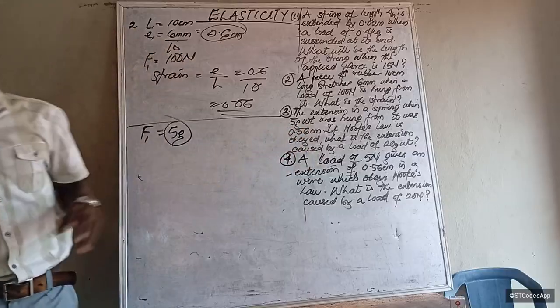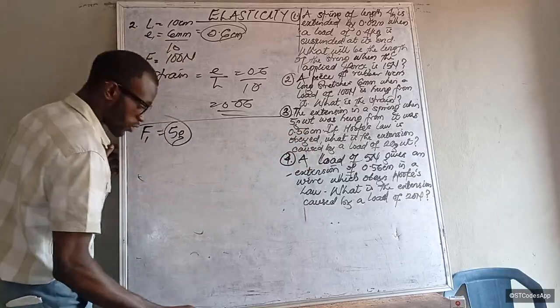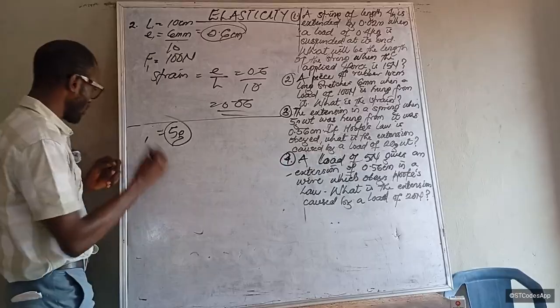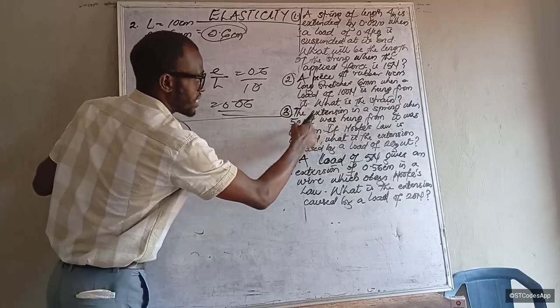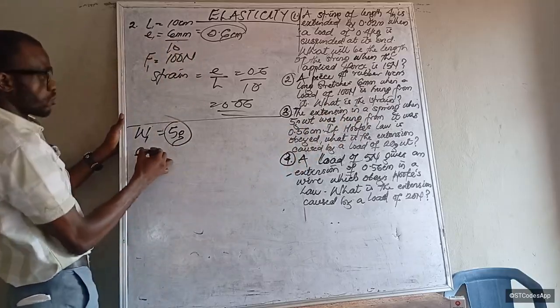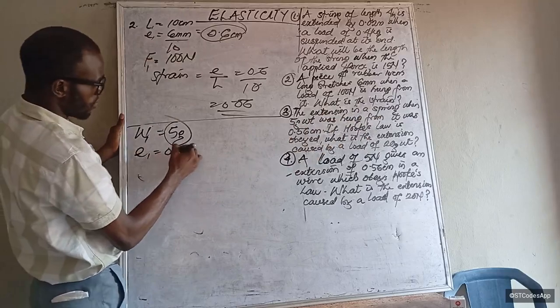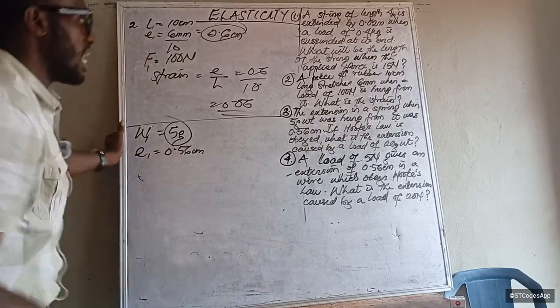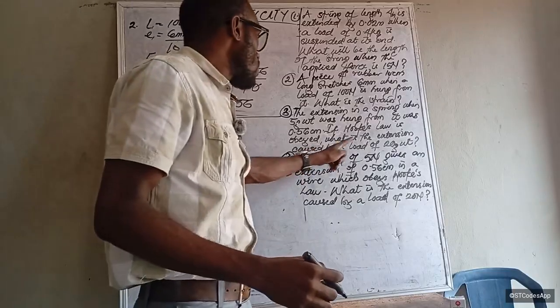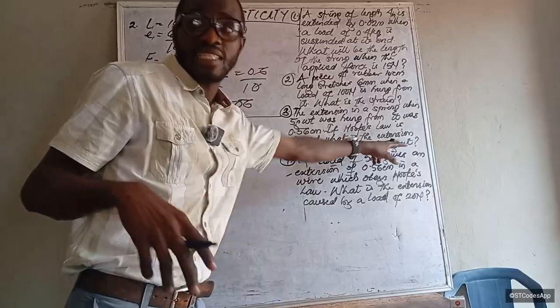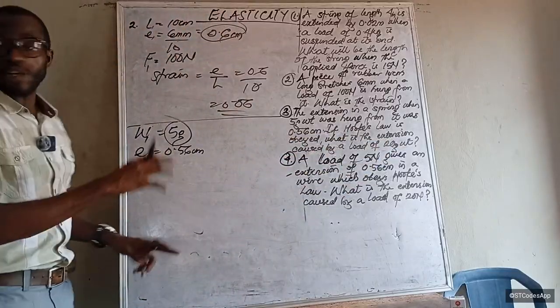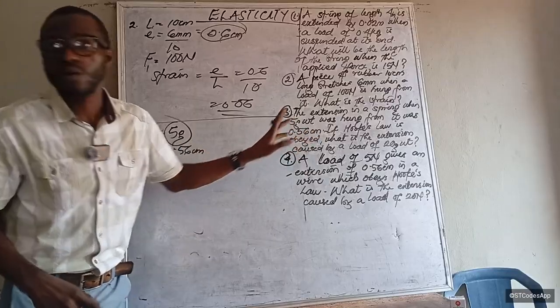The two are in grams. So in fact, we can call it weight 1. I hope it will not confuse you. So the extension is produced when this was on. So E1 is 0.56 centimeters. We don't need conversion. If you check your answer and your answer is in centimeter, you don't need to convert.